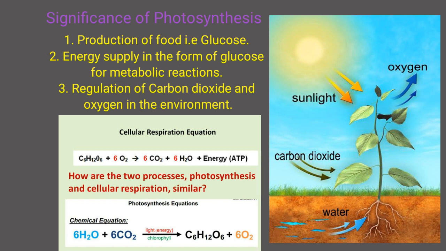And the third important significance is the regulation of carbon dioxide and oxygen in the environment. See, in the whole process of photosynthesis, as you can see from the chemical reaction, carbon dioxide is taken from the atmosphere. By whom? By the plants. And that carbon dioxide is used in order to make the glucose molecule, that is C6H12O6.